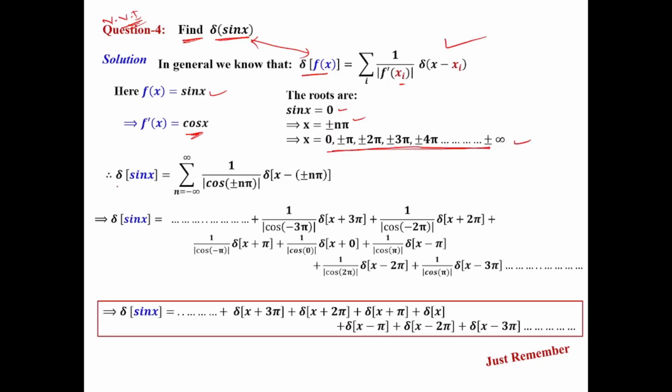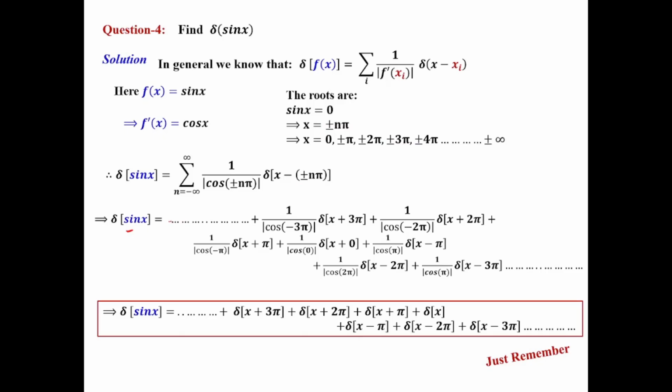Now delta(sin x), in general what we can write: the summation will start from minus infinity to plus infinity, each term 1 by |cos of the roots|, in general plus or minus nπ, delta(x − the roots), plus or minus nπ, right? That implies delta(sin x) will be, here you can see, first I am going to consider the minus values, then I am going to consider the plus values.